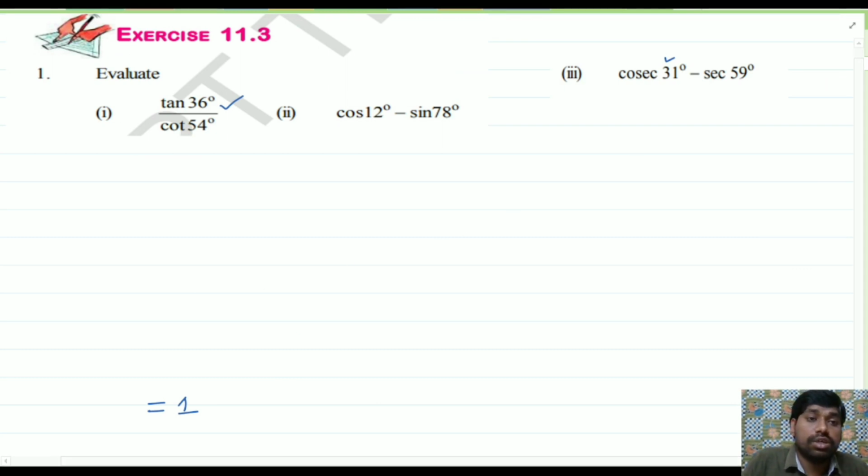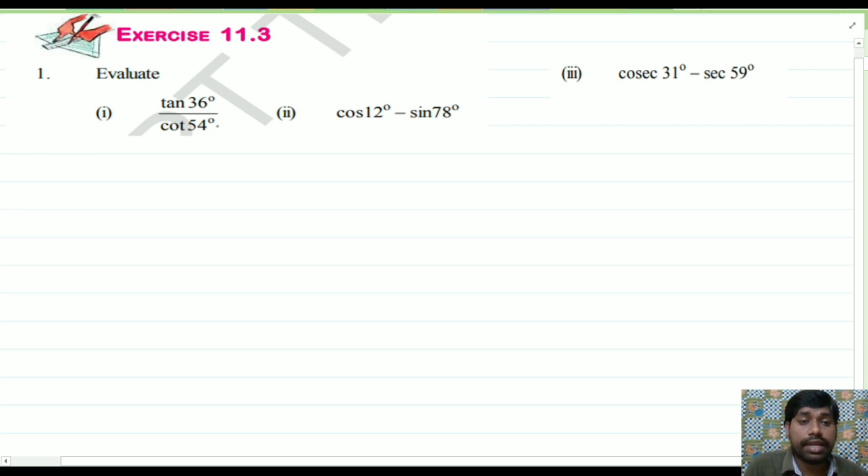The first question is given as tan 36 by cot 54.